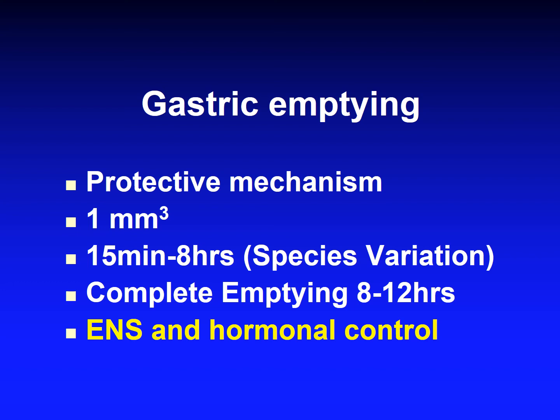And what happens is that any food particles that are less than 1 cubic millimeter in size will pass through the pyloric sphincter to the upper duodenum. And anything that's more than that will not pass. Gastric emptying takes about 15 minutes to 8 hours, depending on the species.